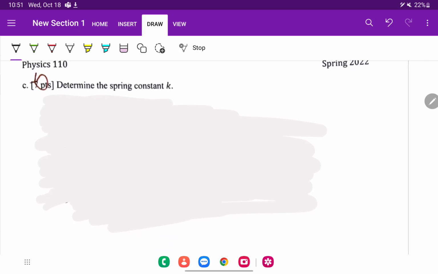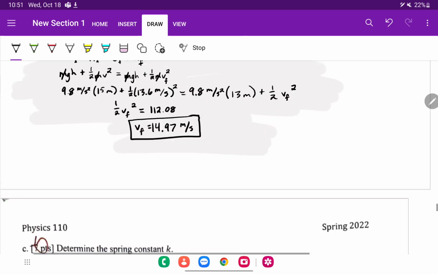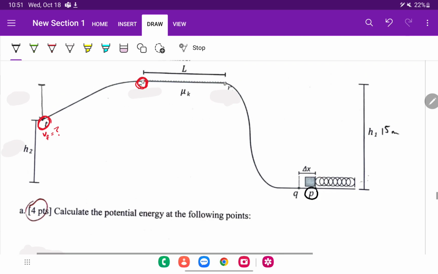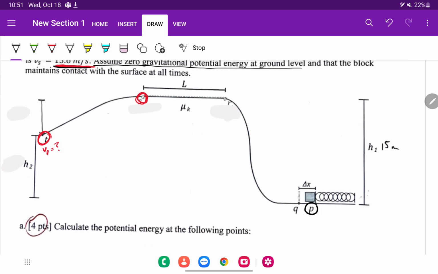Okay, moving along to part C, determine the spring constant K. So now we need to look at point P, because we're going to use this as our initial, to calculate our initial potential energy. And then we need to pick a final point. At this point, now that we've solved for the final velocity at T, you could use that.